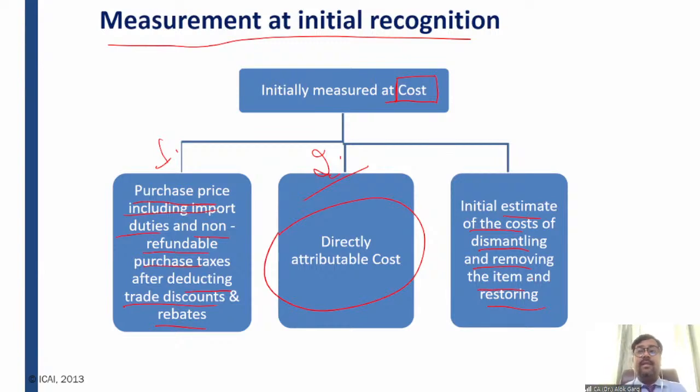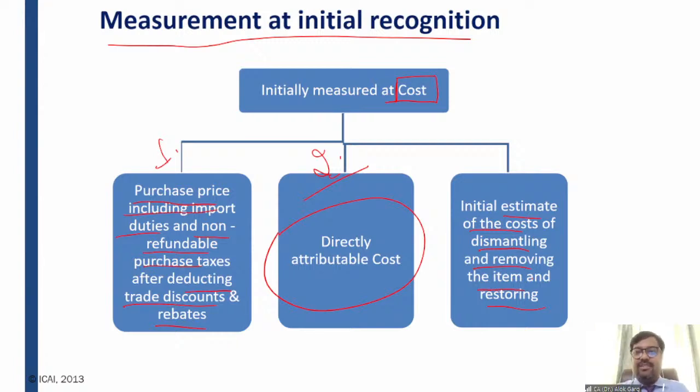Right. Second example, a company has taken a land on a lease basis, and the company has constructed a factory over that leasehold land. The leasehold land is for a period of 50 years. There is a contract that whenever this 50 years will complete, the tenant has to return the land in the same condition in which it was given to the tenant, right?